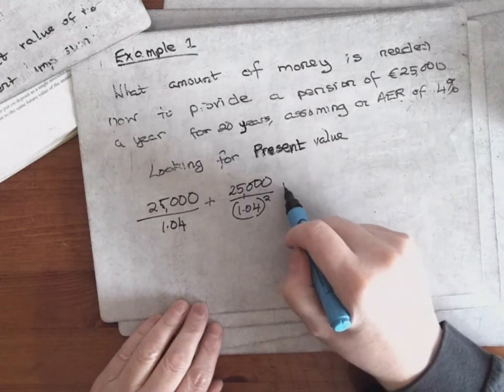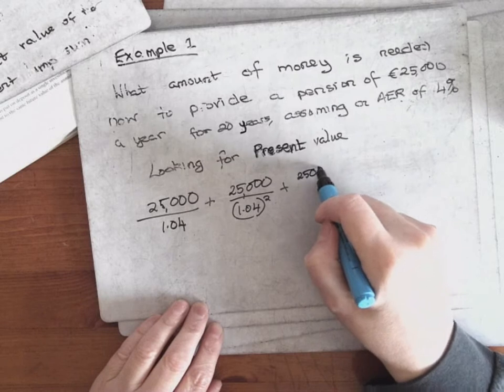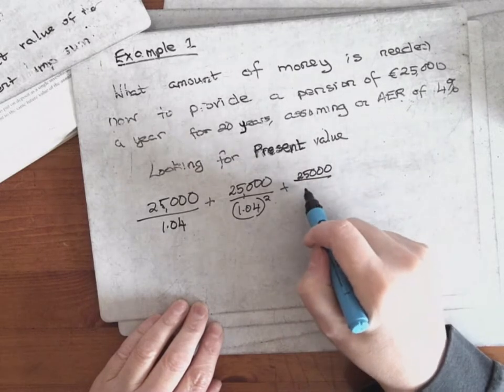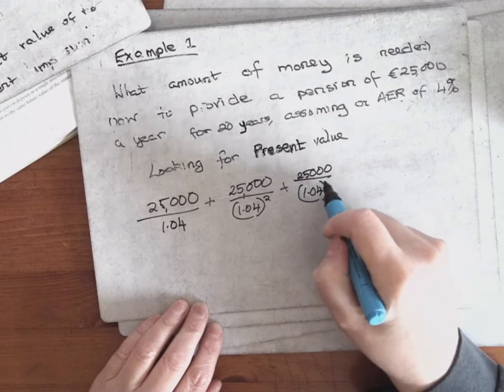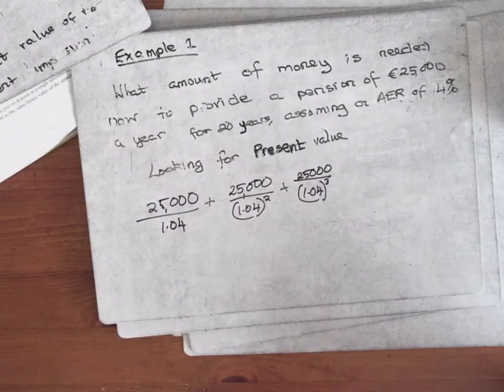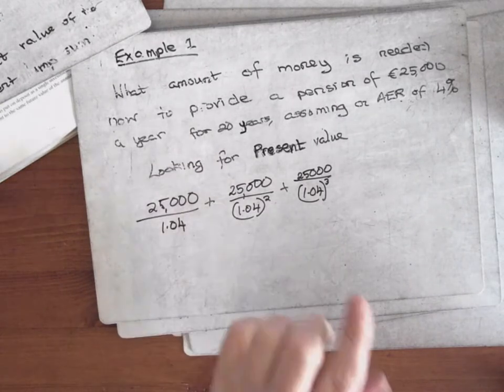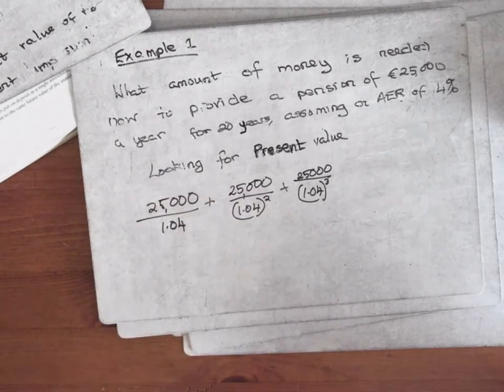The third year, they pay me out 25,000. I don't need to have saved 25,000 because I'm going to have 3 years' interest on that. So I'm going to take off the 3 years' interest. Now I'm taking off the interest to see how much money I have to have in the account. Before I was adding on the interest, now I'm taking it off because I want to know how much I have to have in my account in order for them to pay me out.